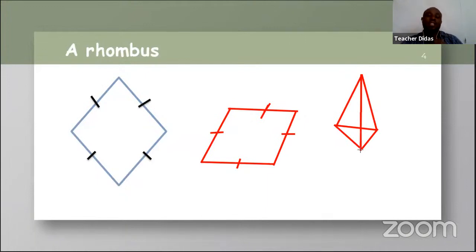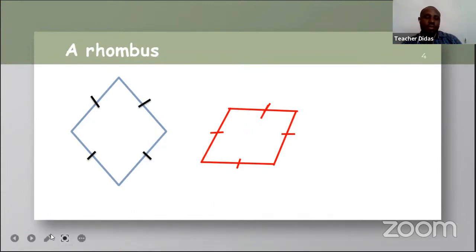Are you looking at it? So with this one, we are saying it's a rhombus and all the sides are equal. A rhombus can be got from the slanting sides. So you have one side, two sides, three sides, and four sides. Or it can be like this.